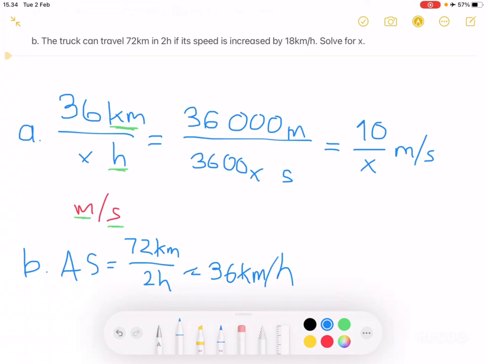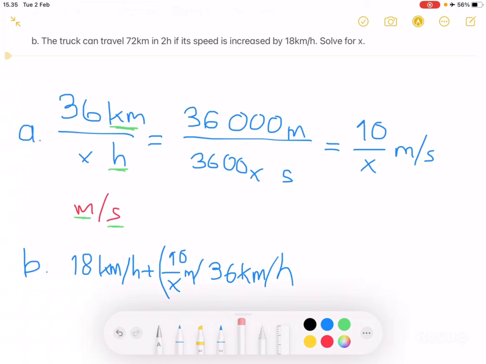And it says if its speed is increased by 18 kilometers per hour, so we can just set up an equation right here. So 36 kilometers per hour is equal to, so let's see, we have 18 kilometers per hour plus our original speed, since its speed is increased by this original speed.